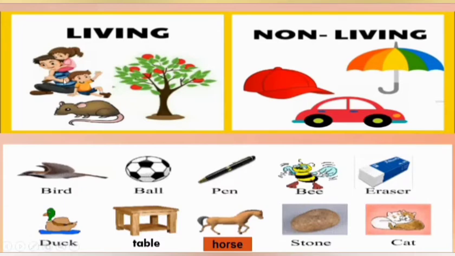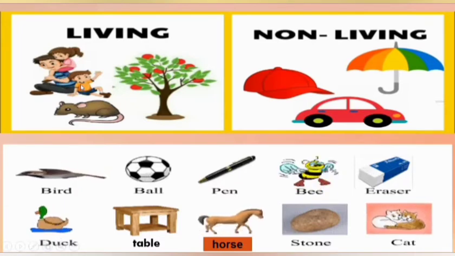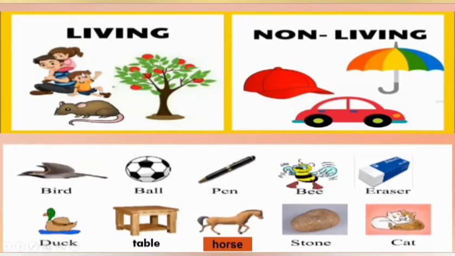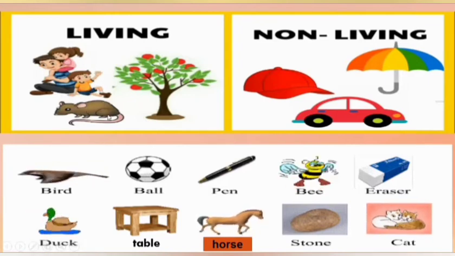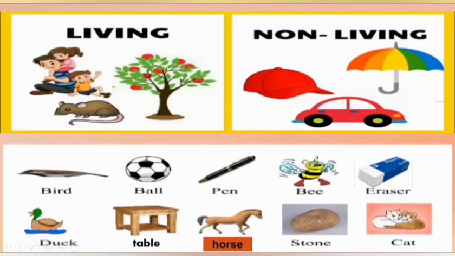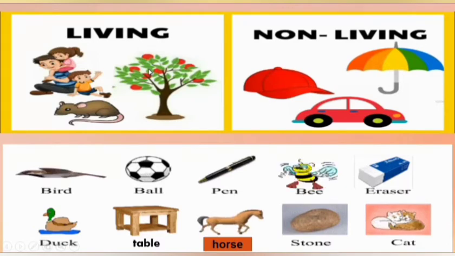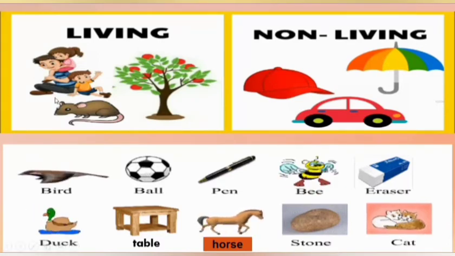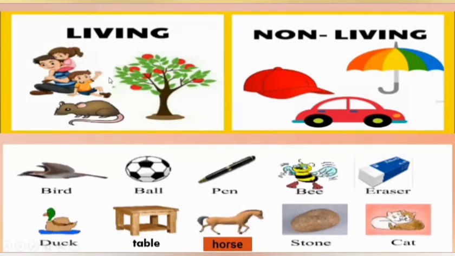Human beings, that means boys, girls, men, women, babies, all are called human beings. Human beings, animals, plants, all living things need air, need oxygen to breathe. All living things need food and water to stay alive and to grow.